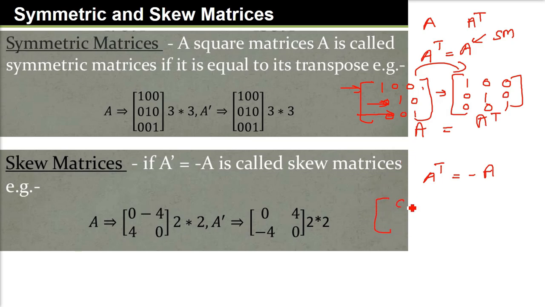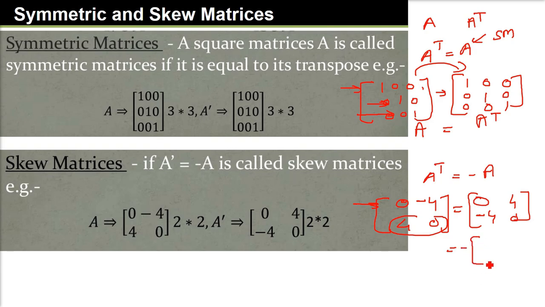Now I'm taking a second example. 0, negative 4, 4, 0, rows to columns. This first row 0, negative 4, I'm converting it to a column, 0 here, minus 4 here. The second row 4 and 0, I'm making it a column, 4, 0. Now they are not similar. But if I take a negative outside, multiplying every element by negative 1, you get 0, negative 4, 4, 0.